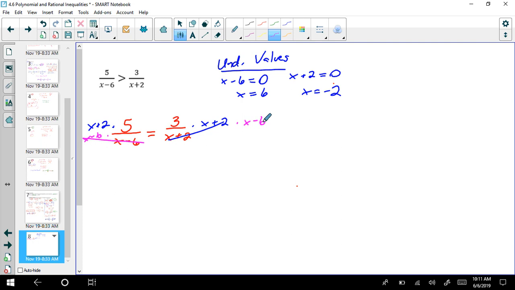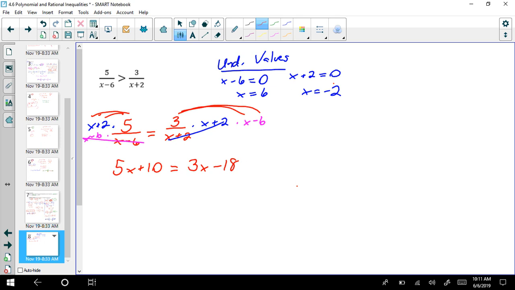So it's like I'm cross multiplying. So the 5 will distribute. And on the other side, the 3 will distribute. So the x plus 2 went to the 5, and the x minus 6 went to the 3.